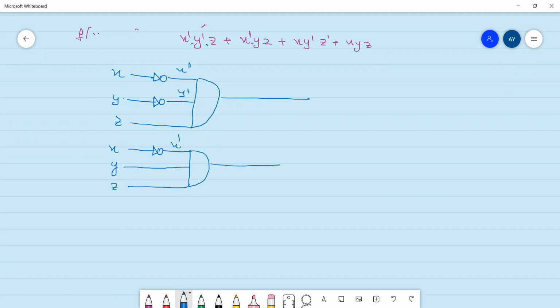Next, coming to x, y dash, z dash. So x is normal, y goes like this and you'll have y dash over here, and then z, and then you'll have z dash over here. And then there is an AND relation, so you'll have a connection. And then the last one is x, y, z.